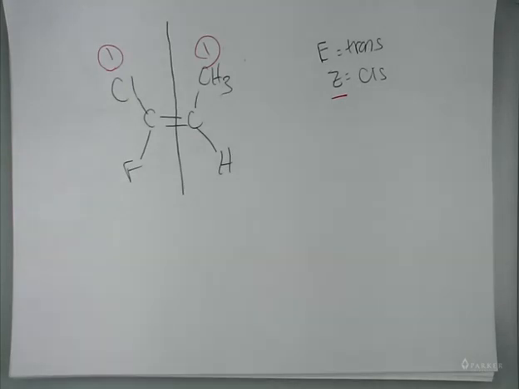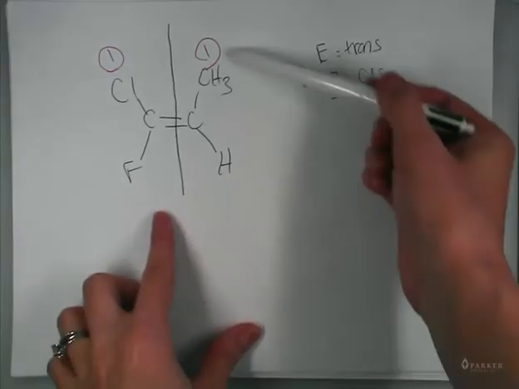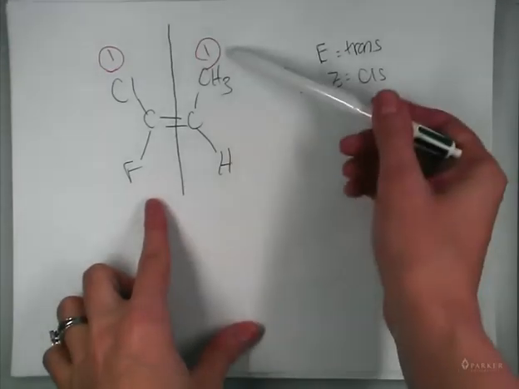It's a larger weight, basically. So that's how you do EZ. It's in the lab. So you just split the two carbons in half, the left carbon and the right carbon. And then you do the priorities like R and S, and you just need to figure out which one would be number 1. Your number 1s are on the same side.